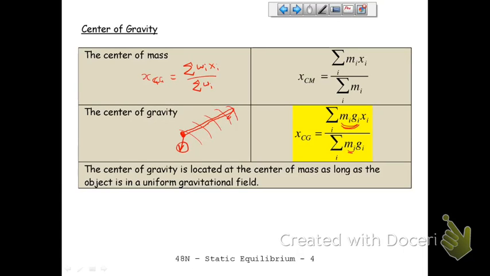So although the masses of that kilogram and that kilogram are the same, the weight of them is different. The center of mass would be the middle, but because the end that's near the planet has more weight than the end further away, although the center of mass would be there, our center of gravity will be there. And so we get this kind of weird situation.